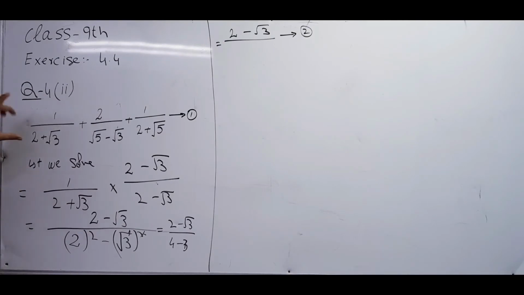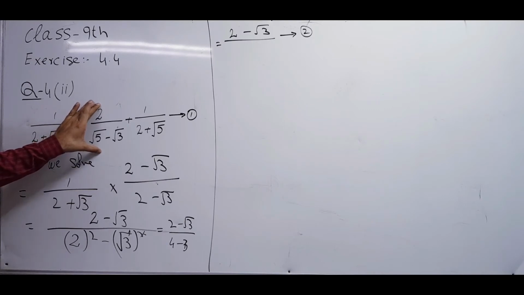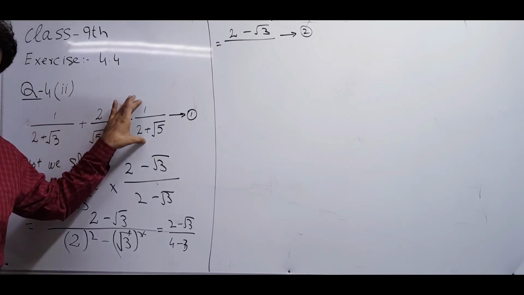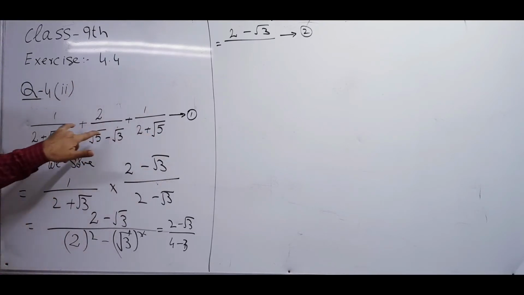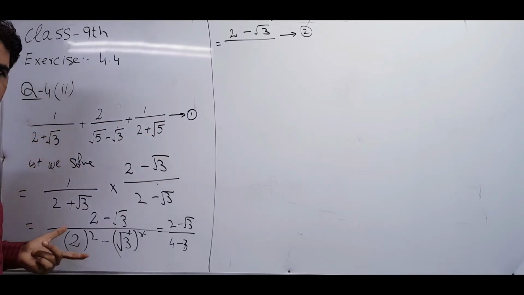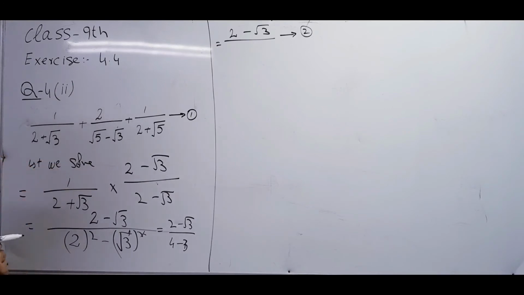We solve its first part, make equation 2, solve its second part, make equation 3, solve its third part, make equation 4, then put all the values in equation number 1, then the relation between them is plus, so we can add. If the relation is something else, then we do that one.